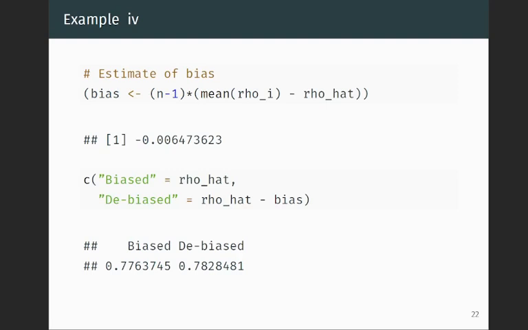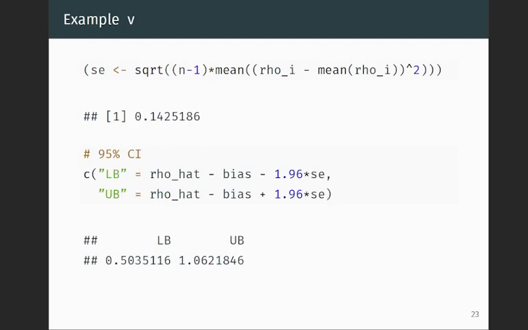Next, let's estimate the standard error and use it to construct a 95% confidence interval. Again, I'm using the same formula as before. I get an estimate of the standard error for rho hat, which is about 0.14. And again, this already includes the factor of square root of n inside of it, so you don't need to account for that.